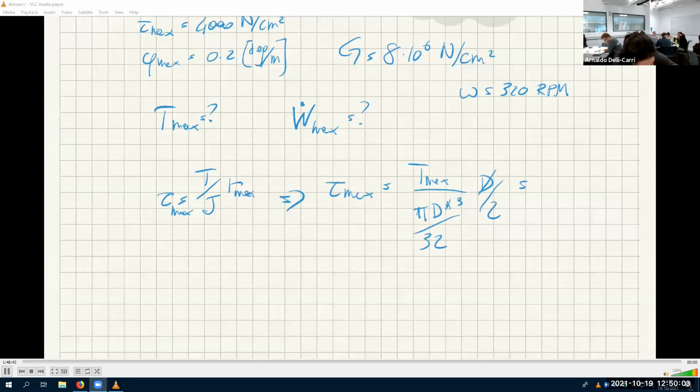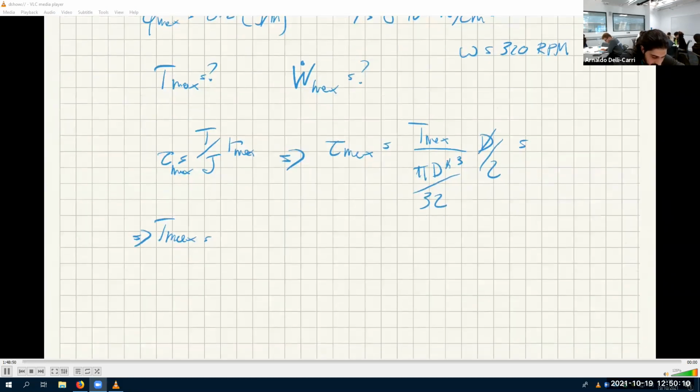And so that means that T max is, this 32 becomes 16, so T max is tau max times pi times d cubed divided by 16.